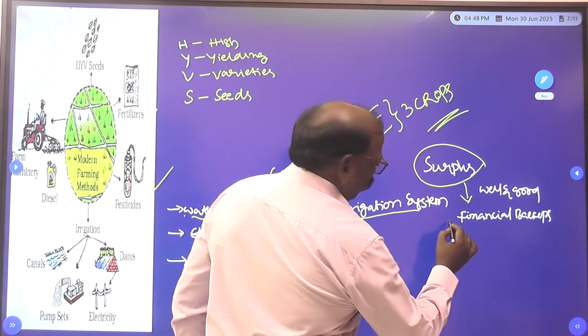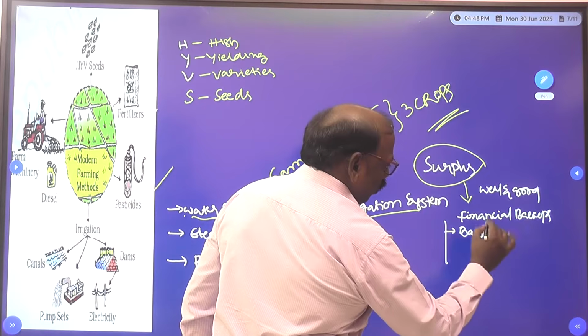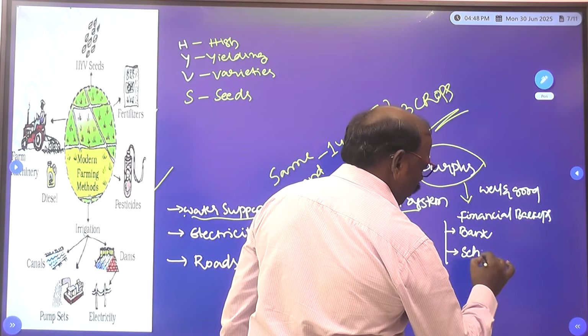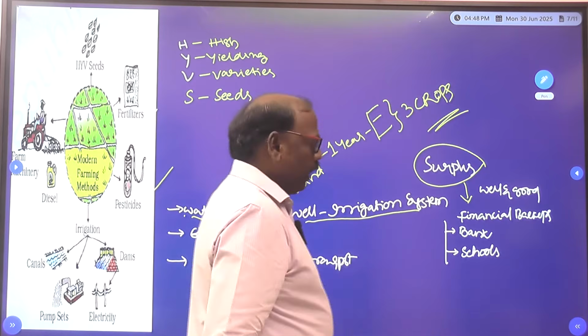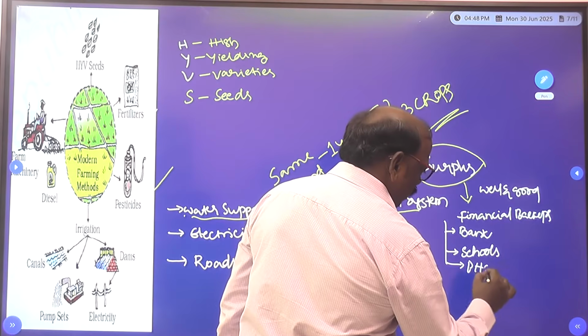In order to do that, there is one bank, and they are keeping schools. Their kids are also going to be educated, and along with that, they are having primary health centers.